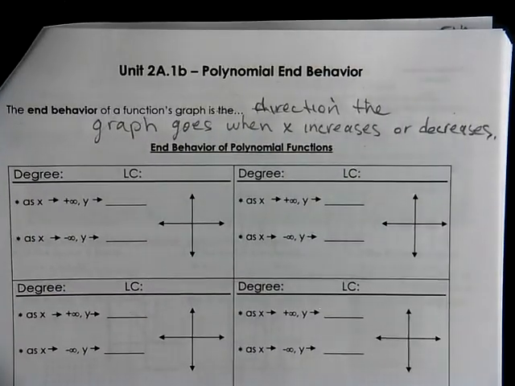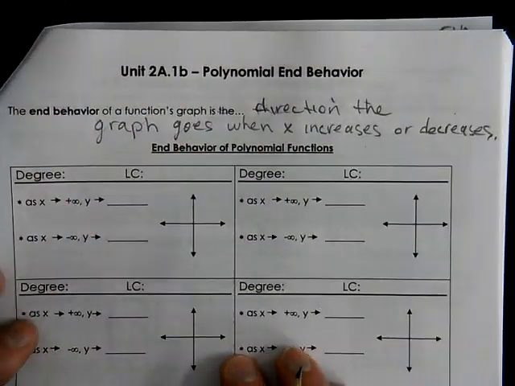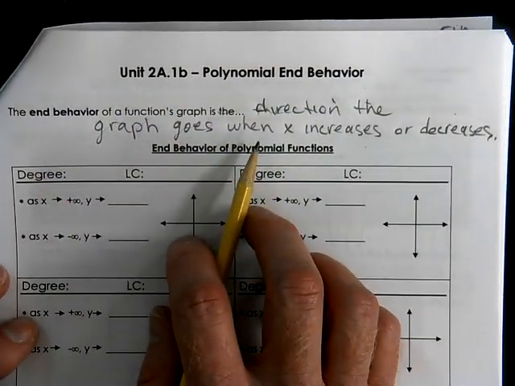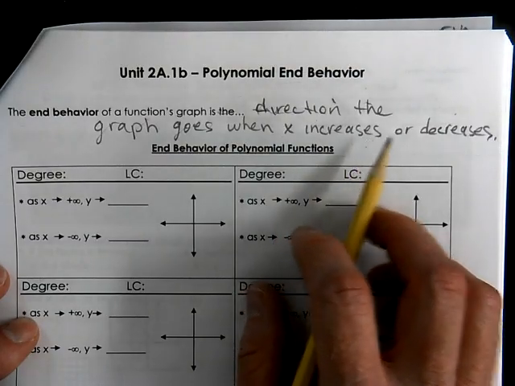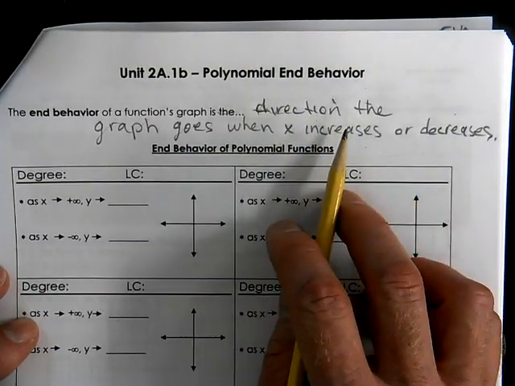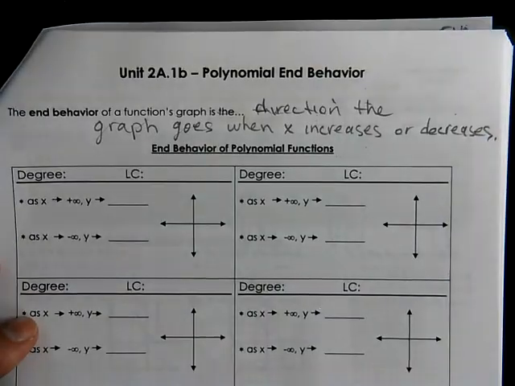So the end behavior, as you've learned it before, is where we're looking to see which direction the graph is going as x gets bigger and x gets smaller.